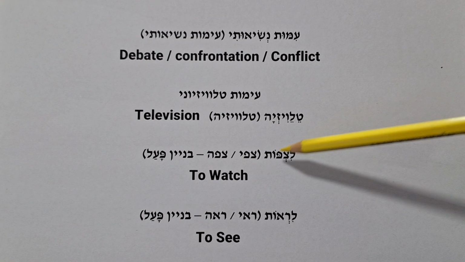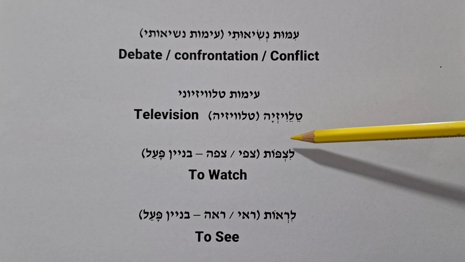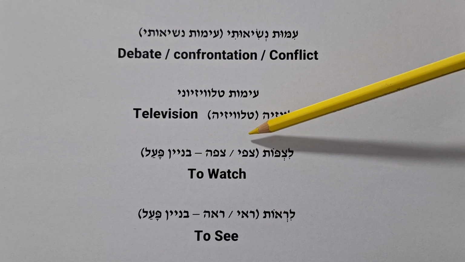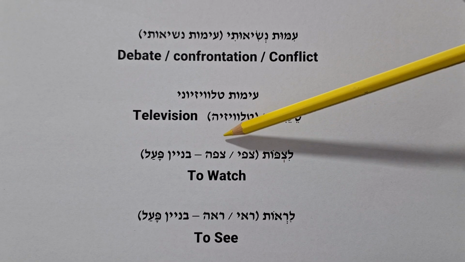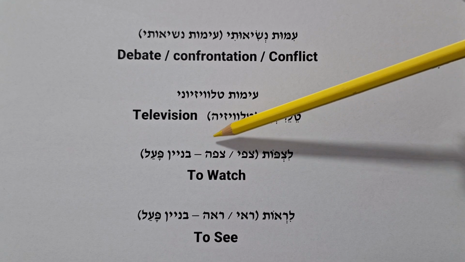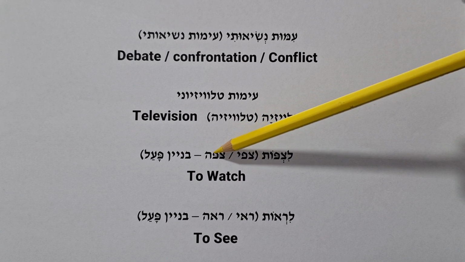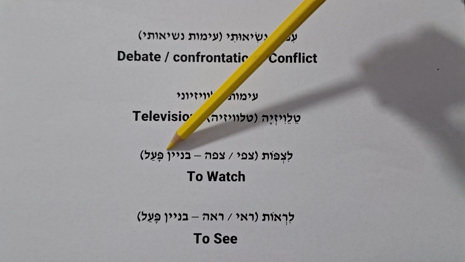The verb is to watch television, לצפות, לצפות. Derived stems, שורש, צדיק, pei, yod. When I was a kid, instead of yod, we used to say hey, but nowadays we say yod instead of hey. And the construction, binyan, is pa'al.